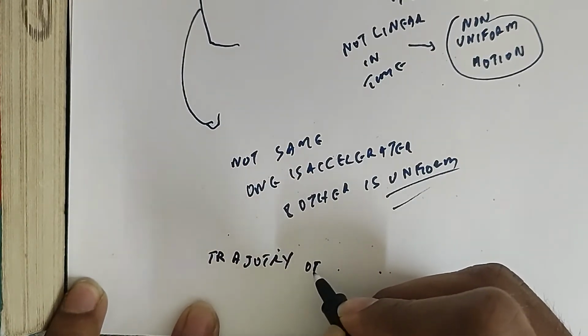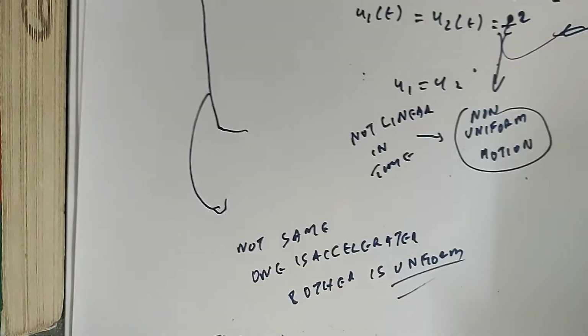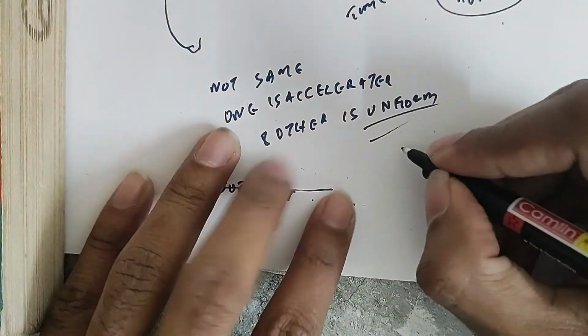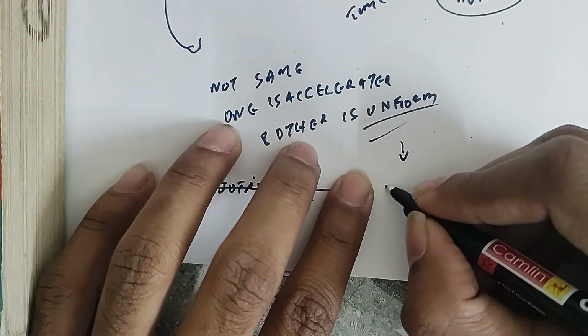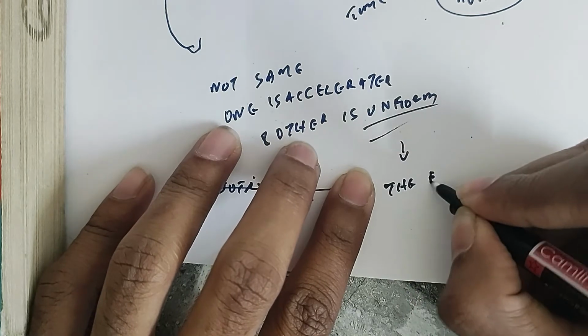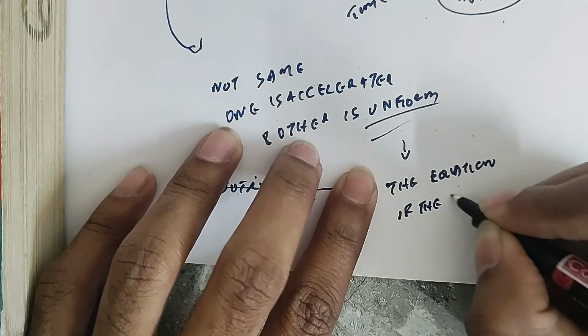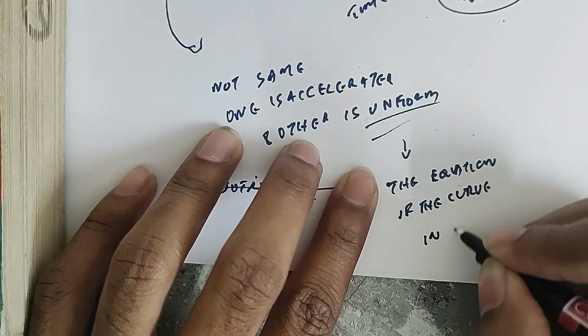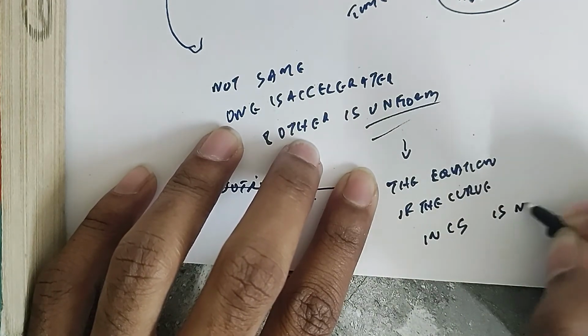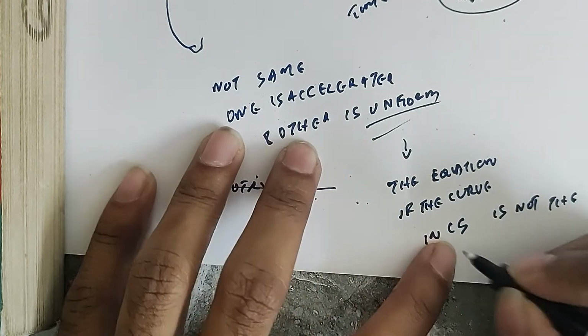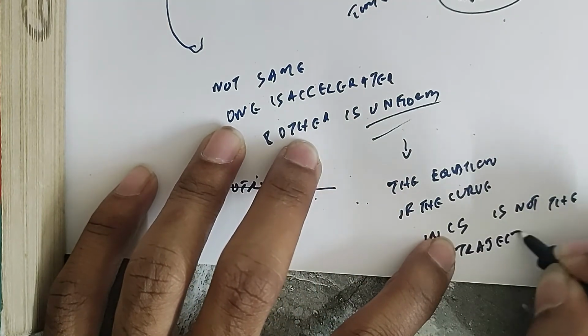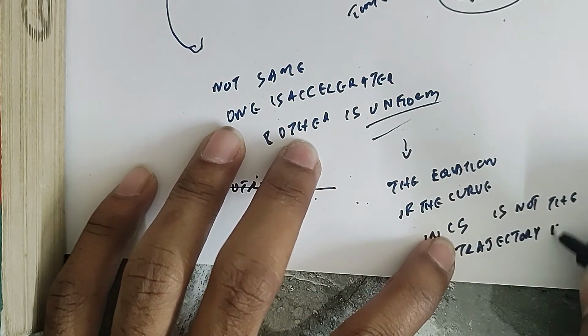Trajectory. So from this we can say the equation of curve in configuration space is not the trajectory of the particle.